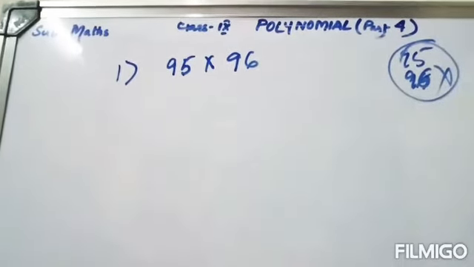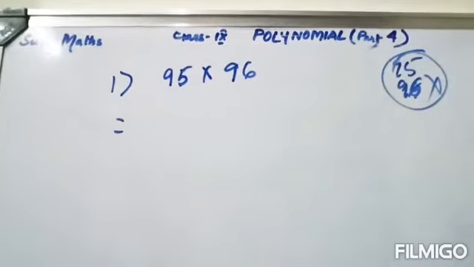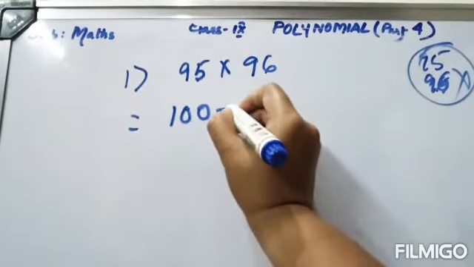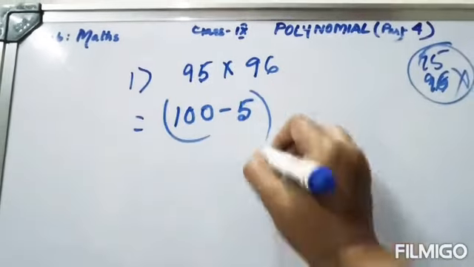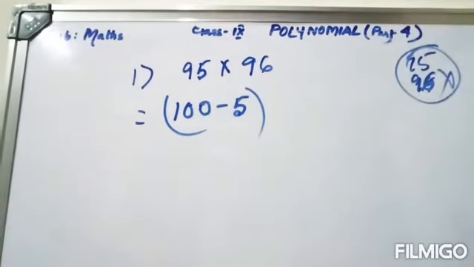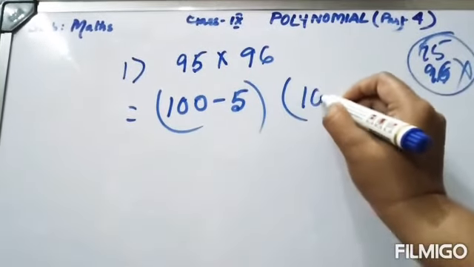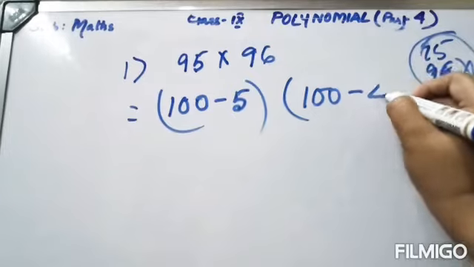Why will we not do so? We have already learnt about identities, correct? So we know that 100 minus 5 gives 95, and for 96, 100 minus 4.